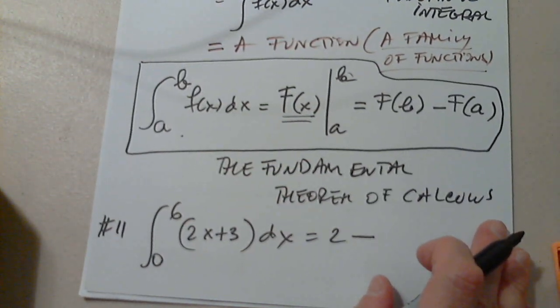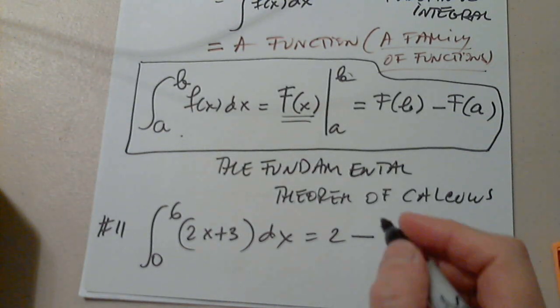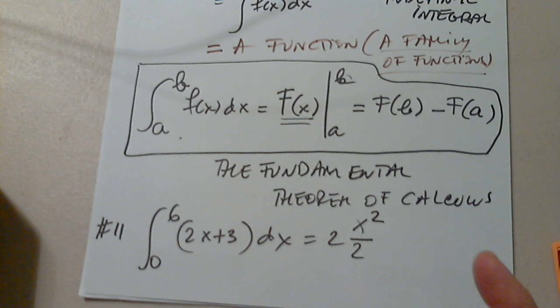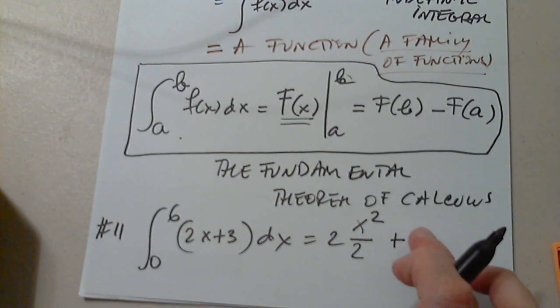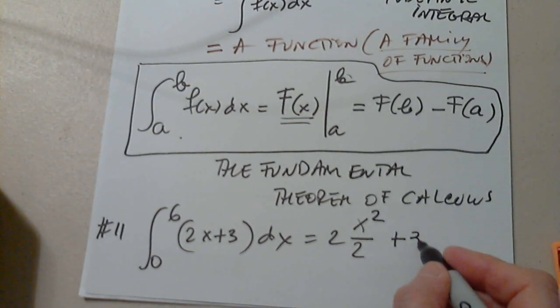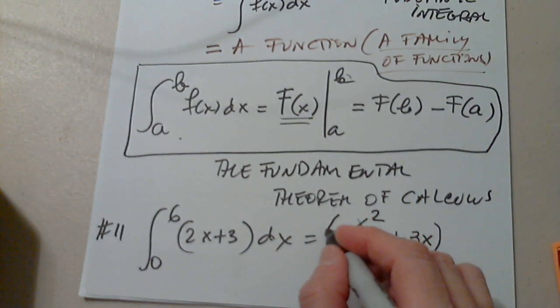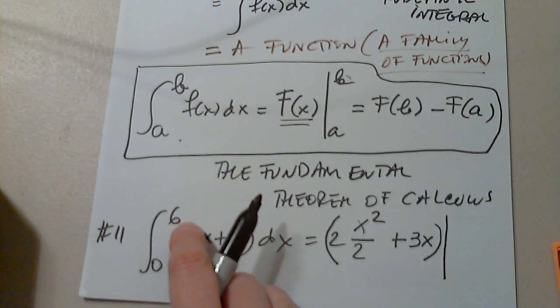Good. Very good. Remember that? Plus, which function I differentiate to get 3? 3x. Very good. No need for c. Put everything in parentheses, a vertical bar, and copy 0 to 6.